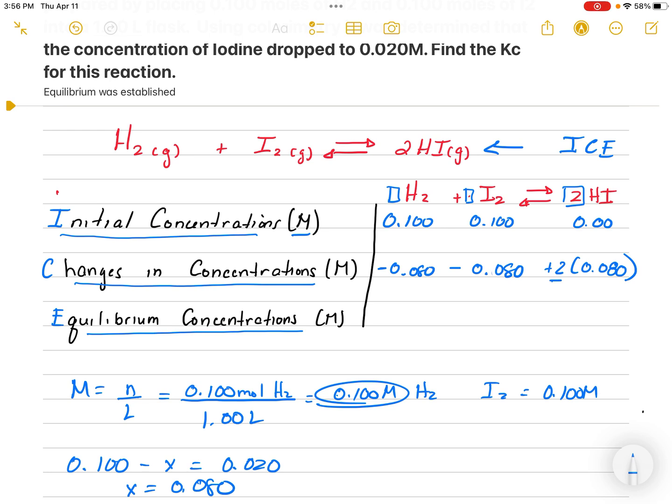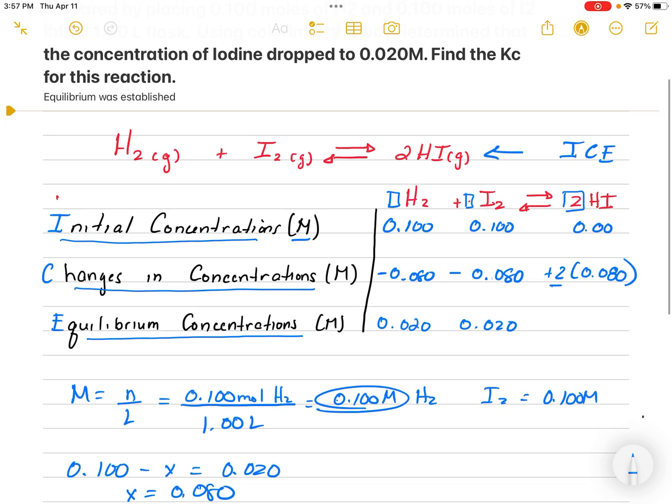Okay, so once we have the changes to our concentrations, then we establish the concentrations at equilibrium. How do we do that? We just do the mathematical operation. So 0.1 minus 0.080 is going to take us to 0.020, and then 2 times 0.080 gives 0.160.